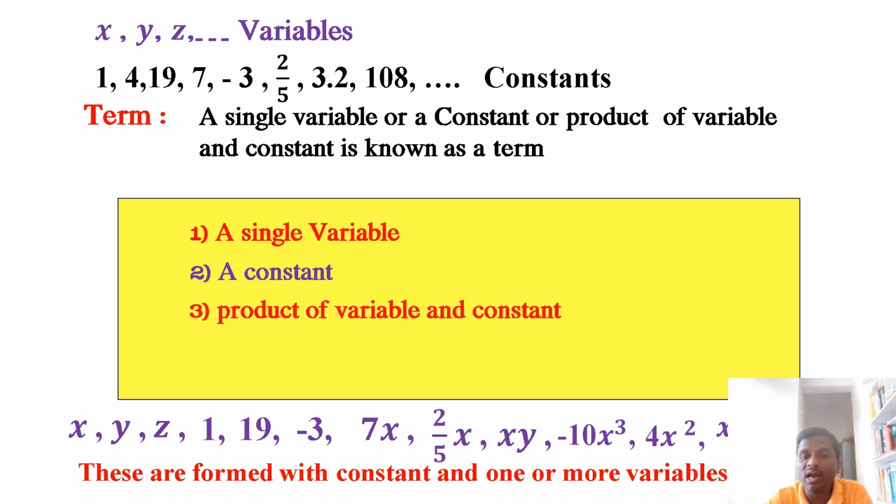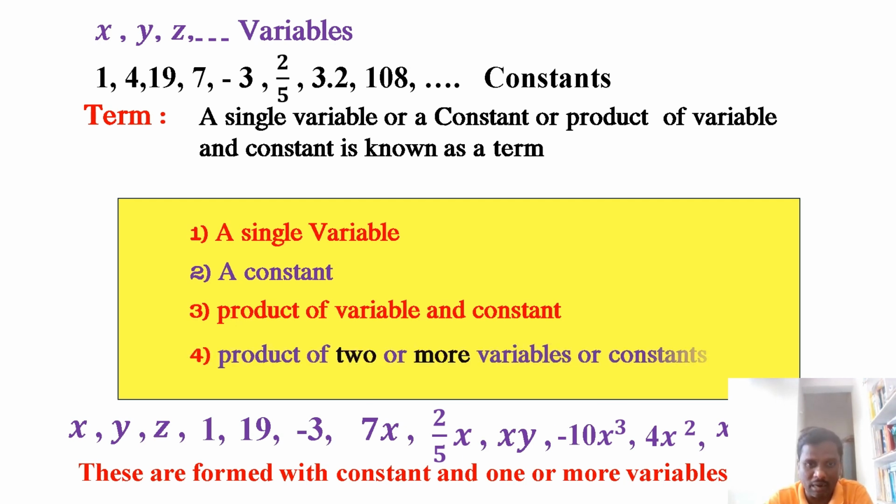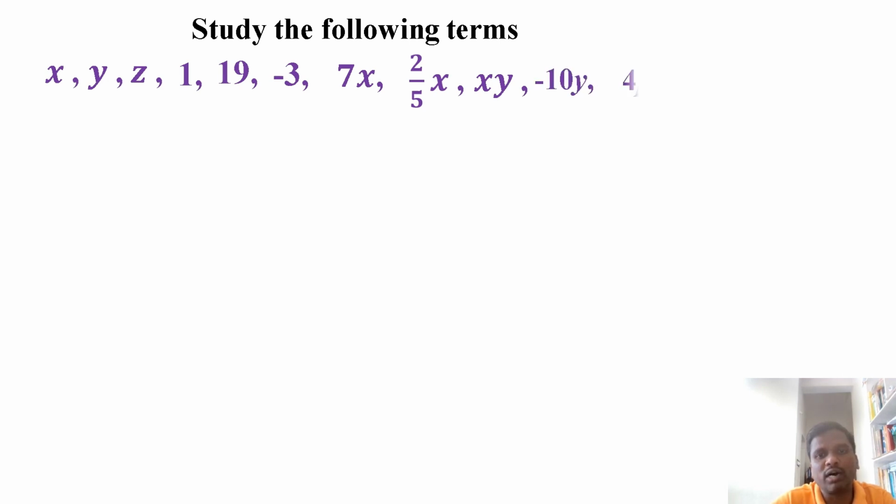A product of two or more variables or constants is also called a term. Now study the following terms: x, y, z, 1, 19, minus 3, 7x, 2 by 5x, xy, and so on.